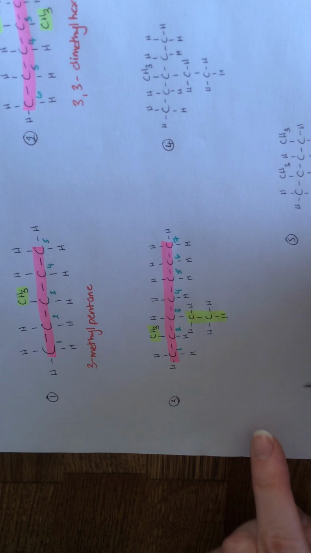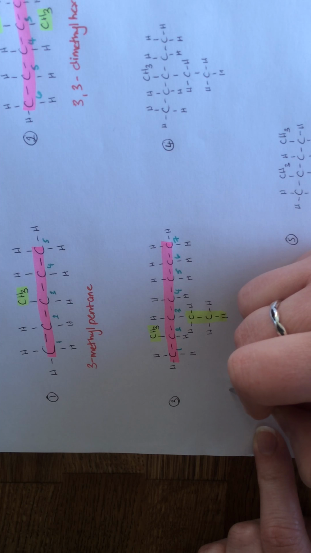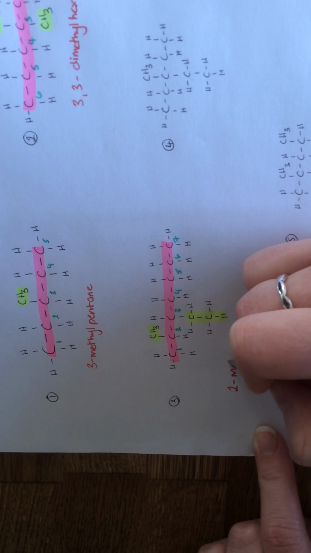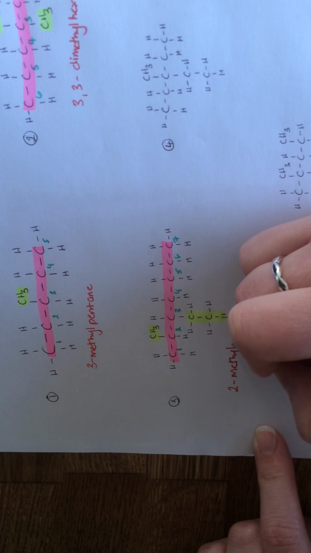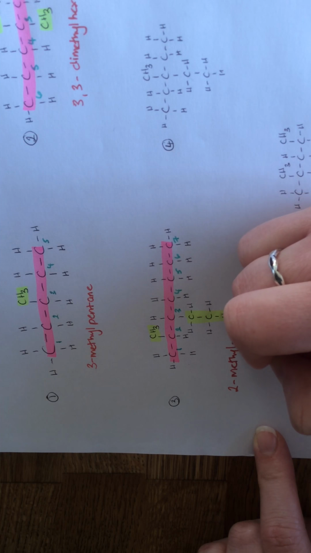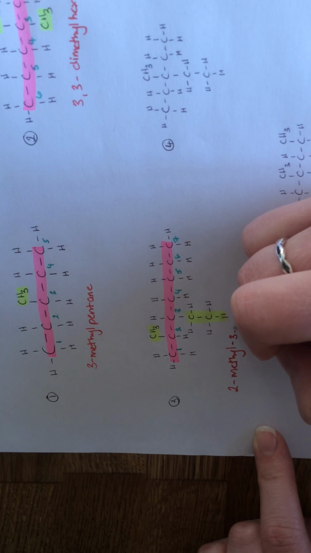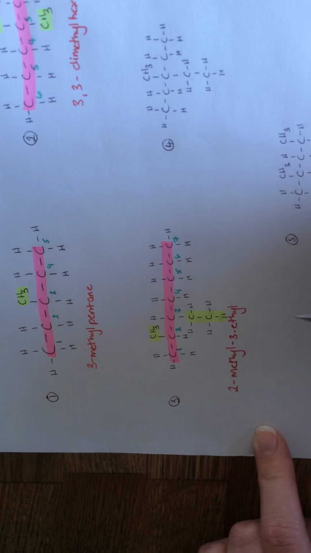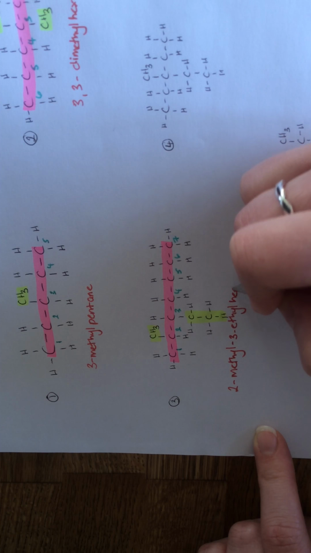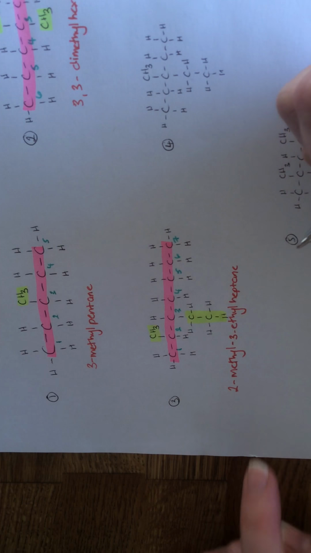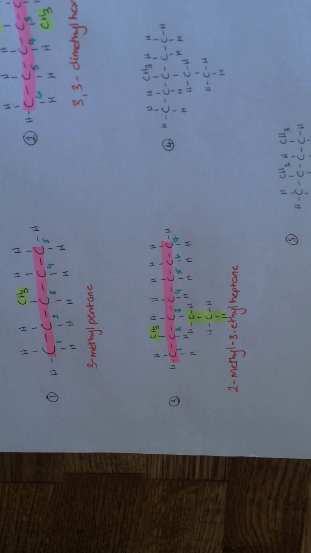The first one is a methyl group, so the name starts 2-methyl, and then 3, and this is an ethyl group, 3-ethyl, and then the longest chain is 7, so hept, ane, heptane, because it's an alkane.